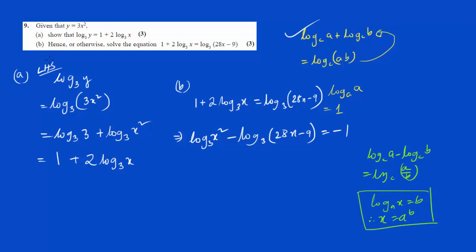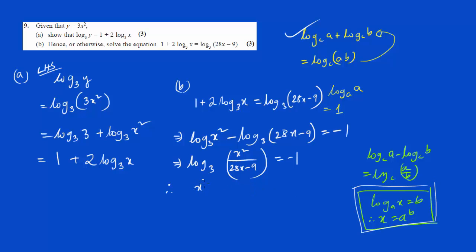That is the main rule for solving equations with logarithm. So first of all, subtraction is division. We can write x squared divided by 28x minus 9 equals to minus 1. Now we have a single logarithm form. So let's use that rule to solve this.